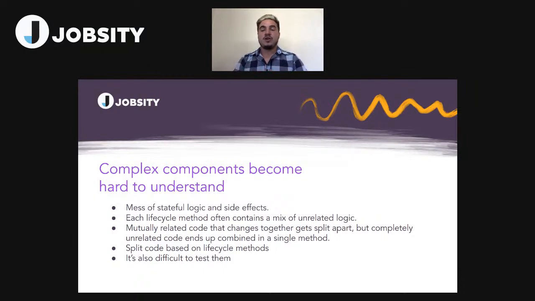Instead of thinking about the logic of the problem, you always have to think as a life cycle. For example, you have to add some event listeners. You have to add it in the component did mount, and if you have to remove those listeners when the component is unmounted, you have to put it in the component will unmount.